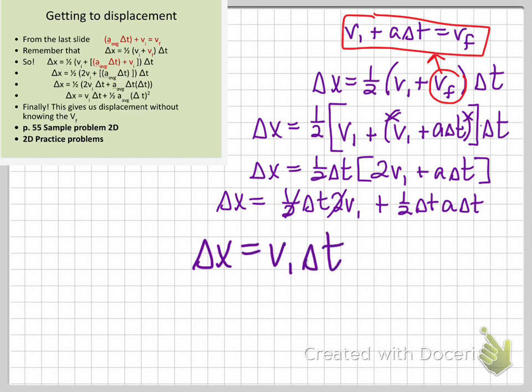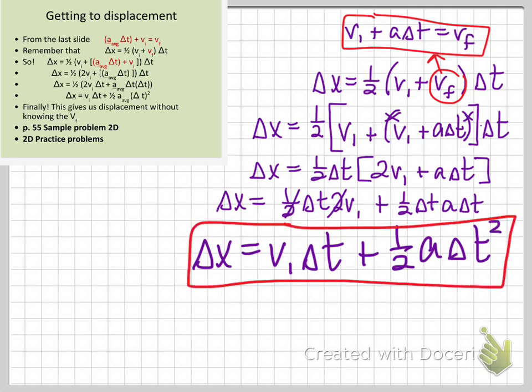VI delta T plus, well, the 1/2 isn't going anywhere. A doesn't have any, we can't do anything with that, but delta T times delta T is, of course, delta T squared.